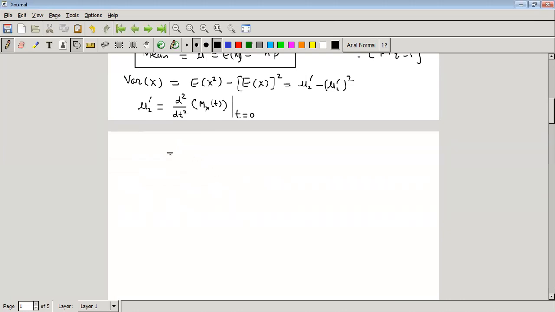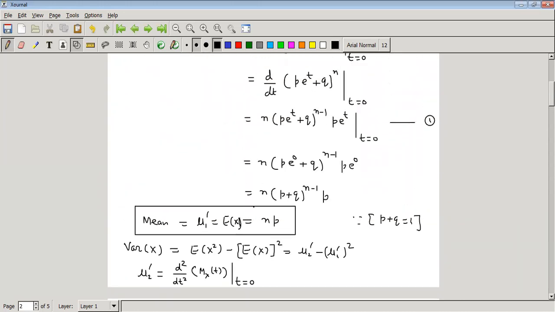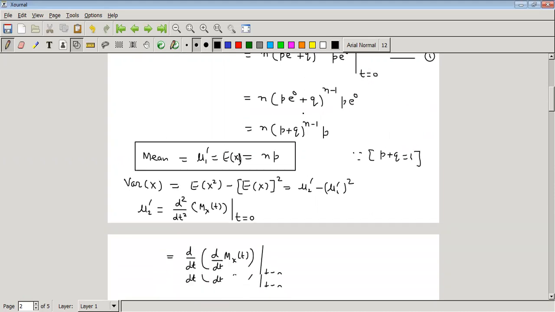So we can write this as d by dt of the first derivative at t equal to 0. But from equation 1, we have already differentiated this, so we can directly use equation number 1, n into p.